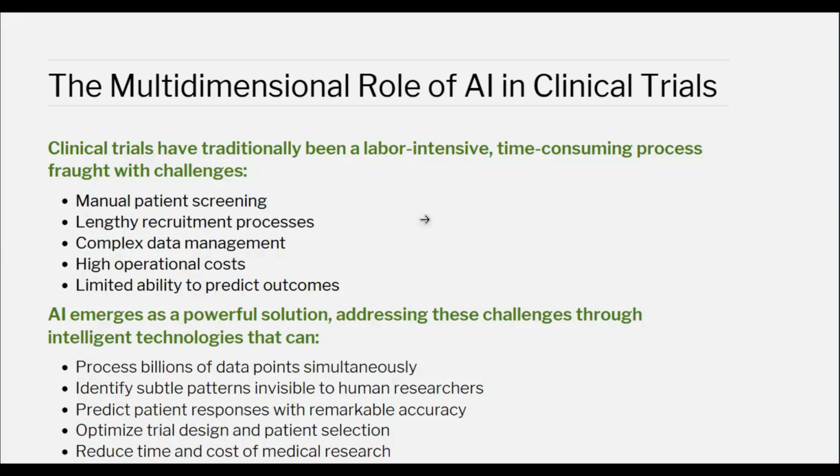And AI can predict patient responses with remarkable accuracy, because humans cannot be as accurate as AI. And AI can optimize trial design and patient selection much better than humans. And it can reduce the time and cost of medical research.